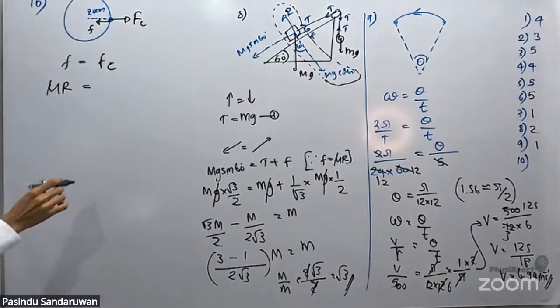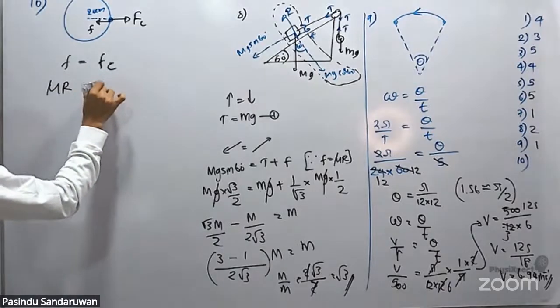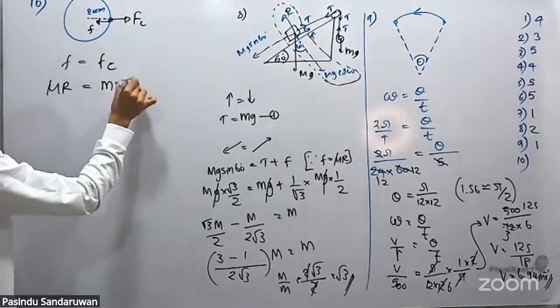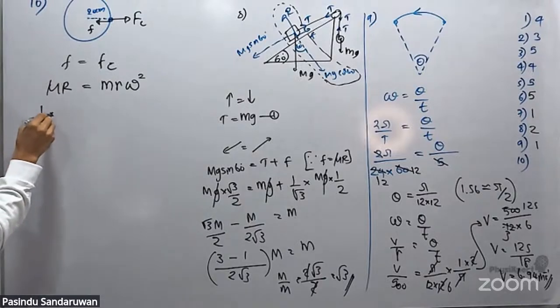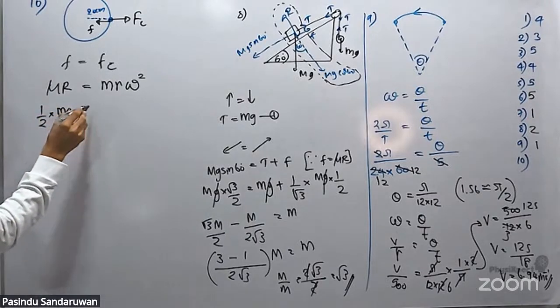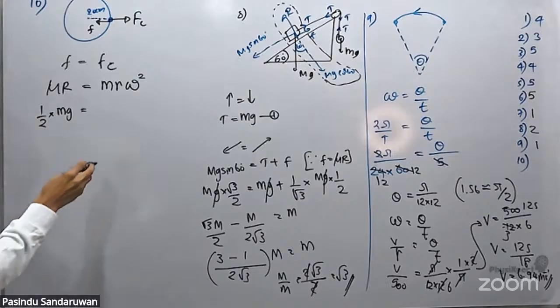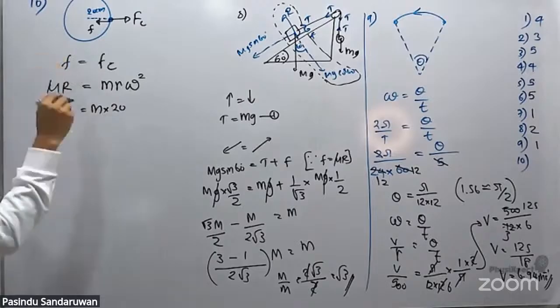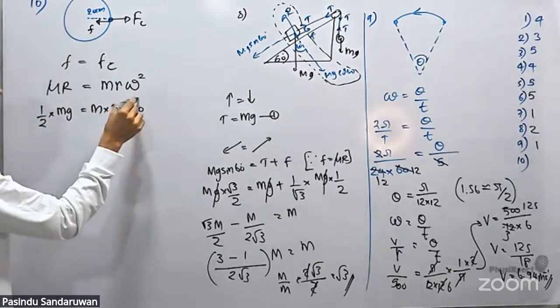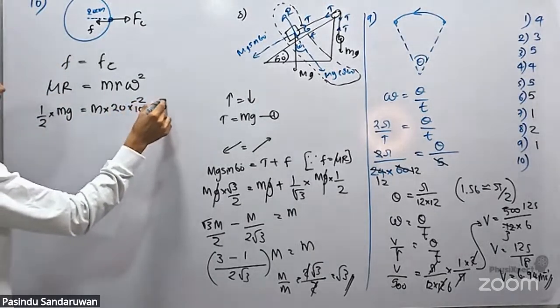F is mu R, and centrifugal force can be written as m r omega squared. Mu is given as half, and R is mg, the reaction. r is given as 20, but that is in centimeters. Then 20 times 10 to the power minus 2 into omega squared.